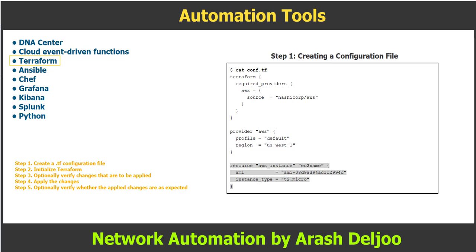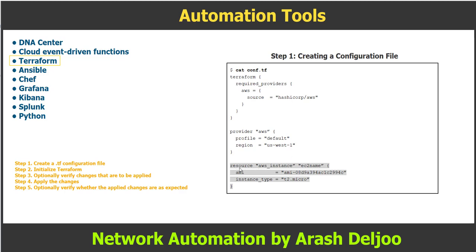Step 1. Create a .tf configuration file. Look here. Terraform required providers is AWS, and after that this is the source and provider AWS. Profile name is default. Region is, for example, US West 1. And here you can see the resources that we work on.